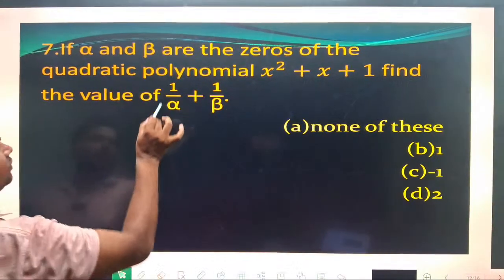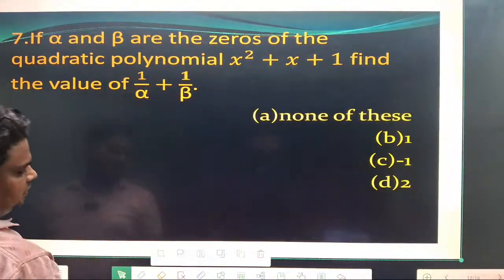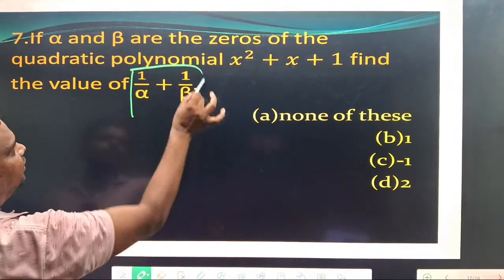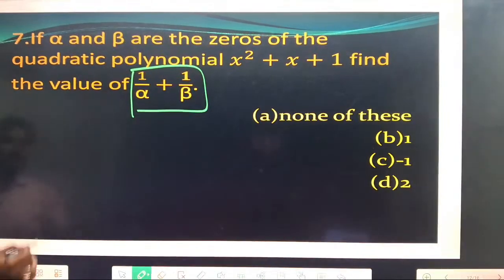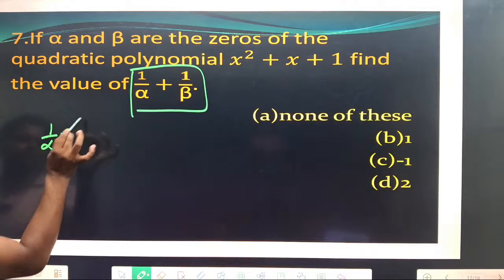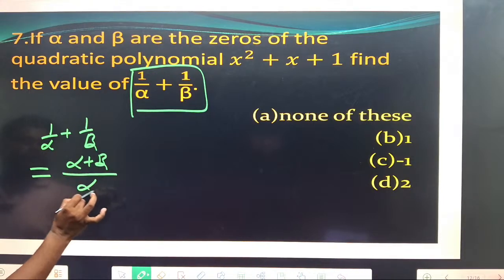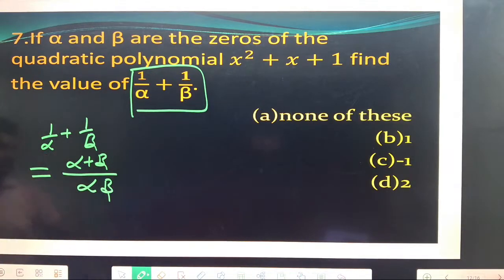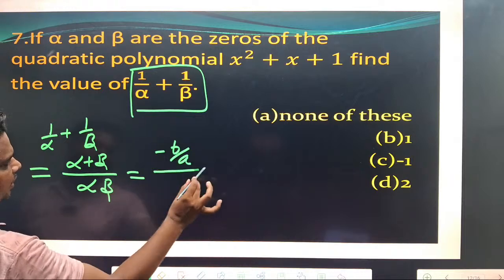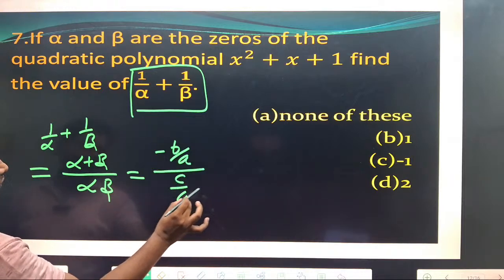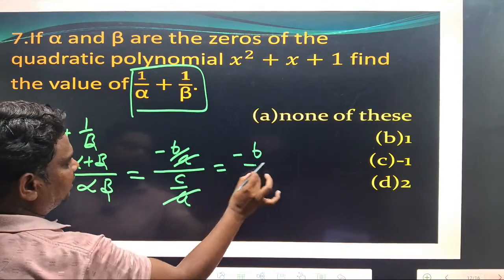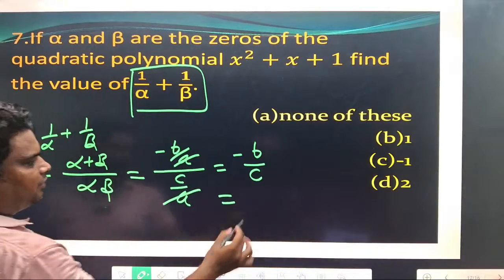This relation converts into the sum of zeros and product of zeros. 1 upon alpha plus 1 upon beta is equal to alpha plus beta upon alpha into beta. Sum of zeros is minus b by a and product of zeros is c by a. Now cancel it, minus b by c.